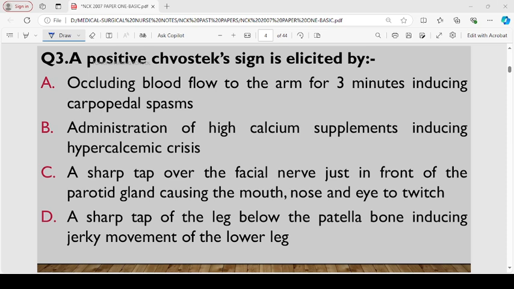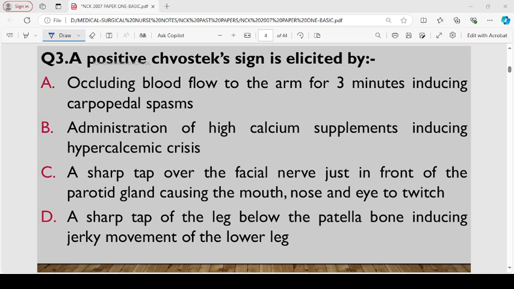Option A says occluding blood flow to the arm for 3 minutes, inducing carpopedal spasms. This describes the Trousseau sign and not Chvostek sign. Option B says administering high calcium supplement, inducing hypercalcemic crisis, is incorrect as this will cause hypercalcemia and not hypocalcemia, and does not describe how Chvostek sign is elicited.